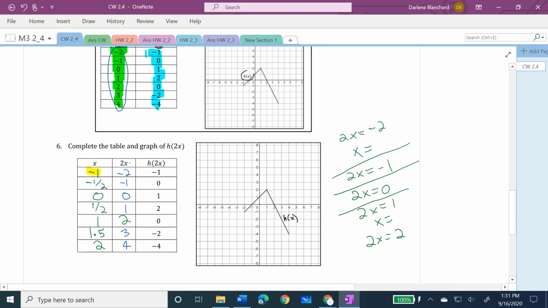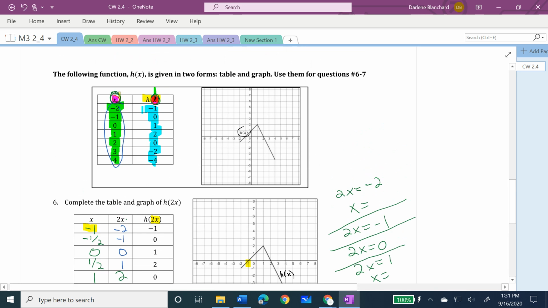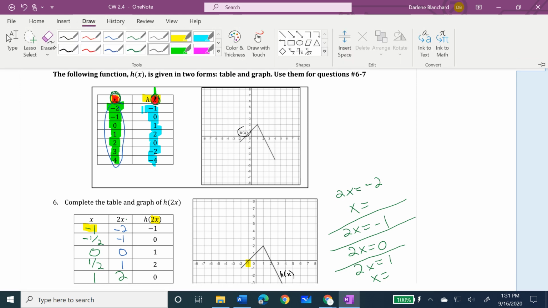X equals -1 is located right here on the graph. If x is -1, 2x is -2. Whatever I put into h's input, this table over here is going to take input and give me output.